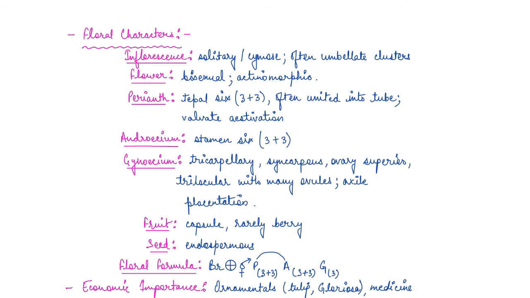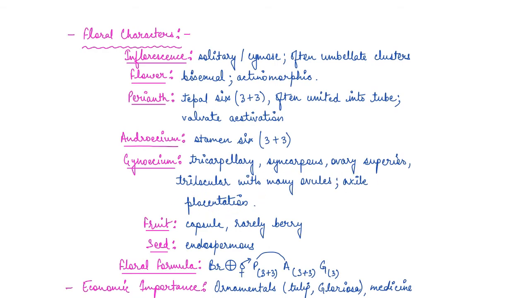So it is 6, 3 plus 3, right? And it is united into a tube and has valvate aestivation. Androecium is basically 6, 3 plus 3. Gynoecium is tricarpellary, syncarpous, with a superior ovary, trilocular, three locules with many ovules, and axile placentation.